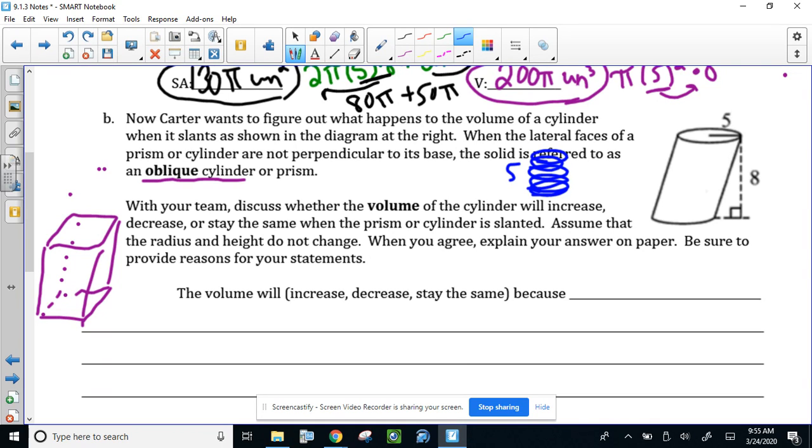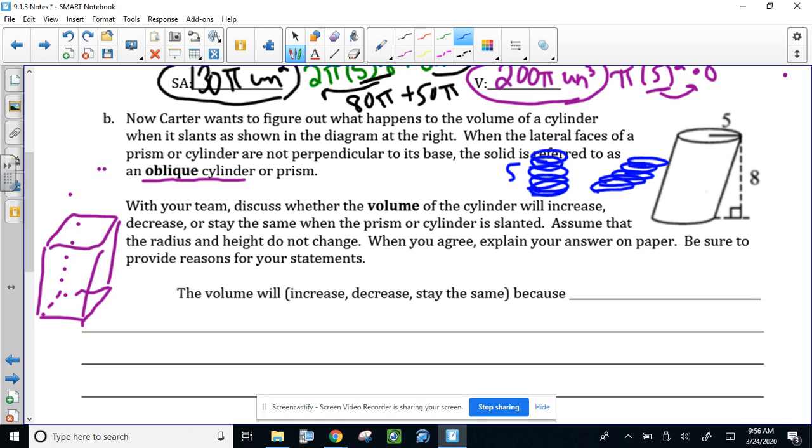If I was to push some of those pennies so that it started tilting, would I still have the same number of pennies? Yeah. And each penny has its own volume, and so even though they're tilted, they're still taking up the same amount of space, and that's really what volume is. Volume is just the amount of space that the object is taking.